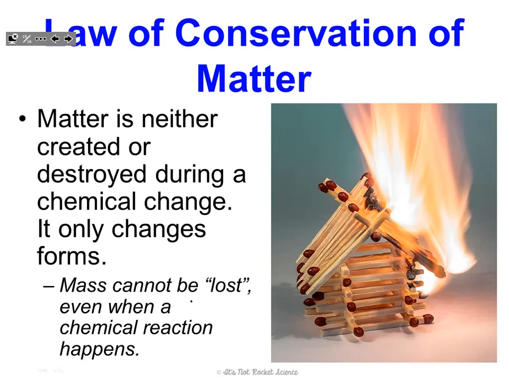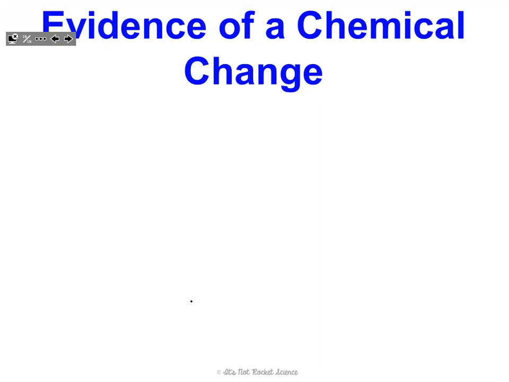So the atoms that were making up the wood particle of that matchstick are now in the air as smoke. So they've just changed forms, but you haven't lost any mass specifically, even though I know on a scale it might look like that. It's just changed forms, and unless you can find a way to capture the gas, you might think that it's been lost, but in actuality it hasn't.